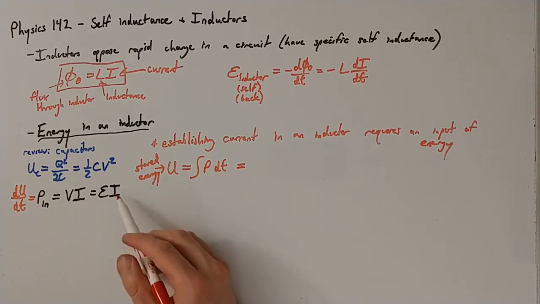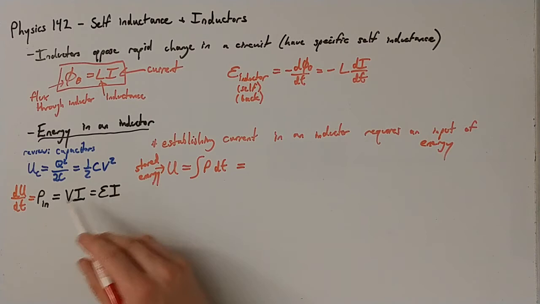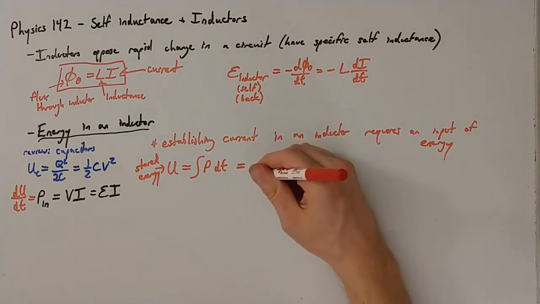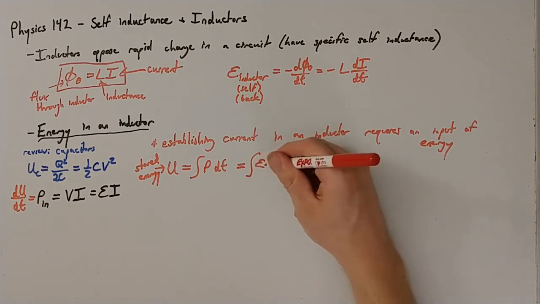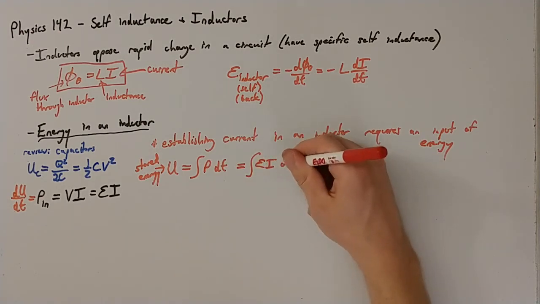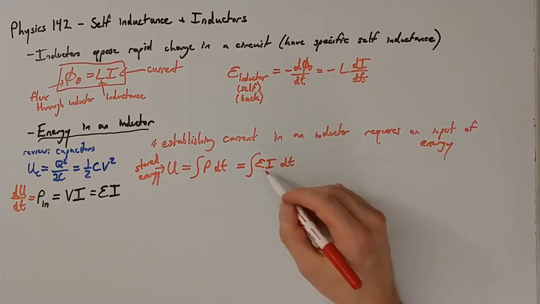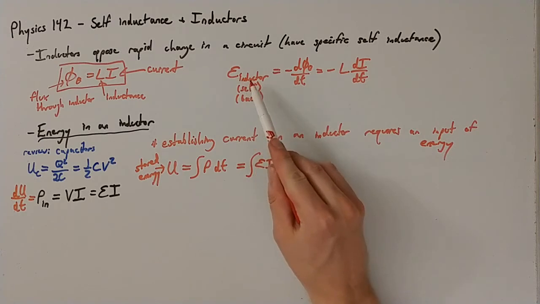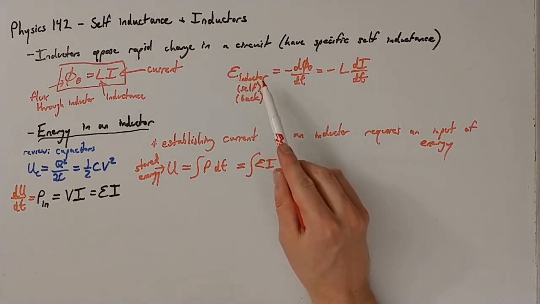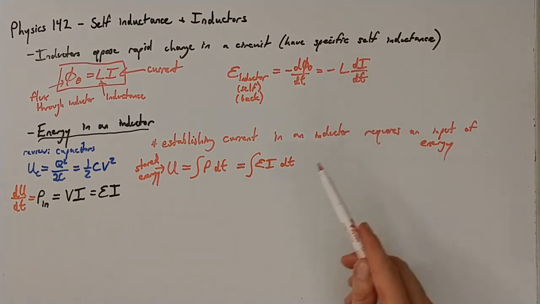For potential, we've been talking more recently about EMF. They're the same thing, or close to the same thing. So for power, I'm going to write EMF times I dt. Now the EMF for an inductor, we've written that down already, is going to be L times dI/dt.